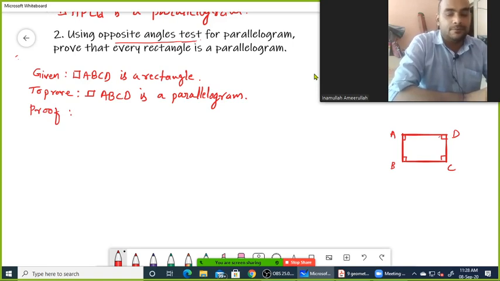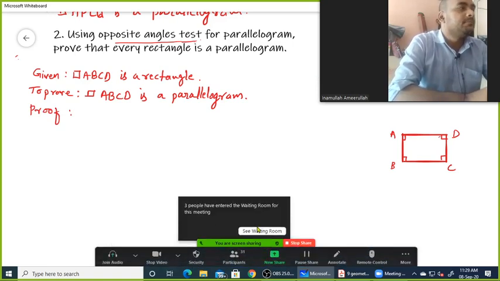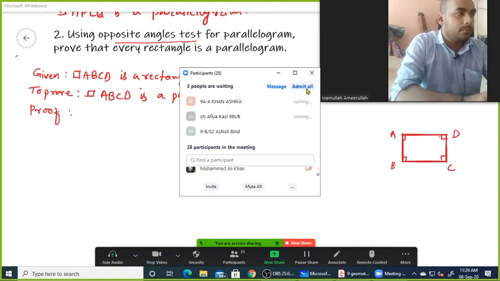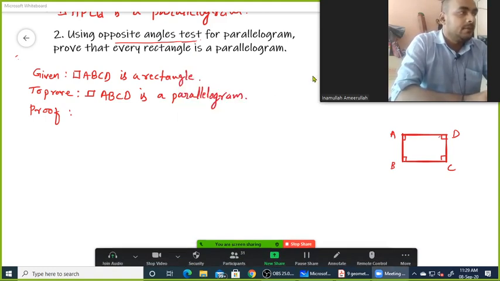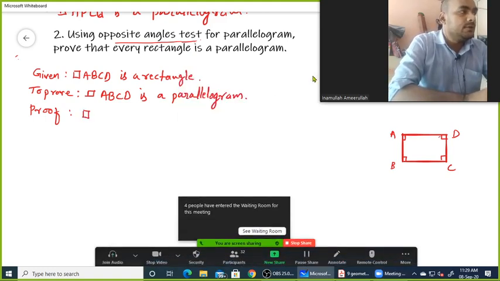First, quadrilateral ABCD is a rectangle. This is already given.